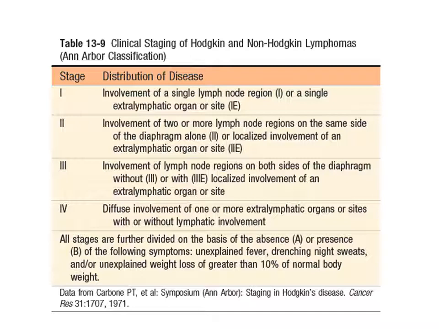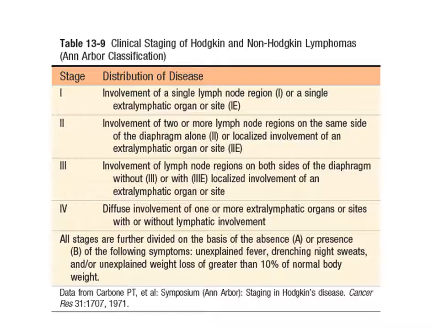Lymph nodes are involved on both sides of the diaphragm. If this is only in the lymph nodes, this is 3. If it involves some localized area other than lymph nodes also, then this is 3E. Stage 4, diffuse involvement of one or more extra lymphatic organs or sites, with or without lymphatic involvement.